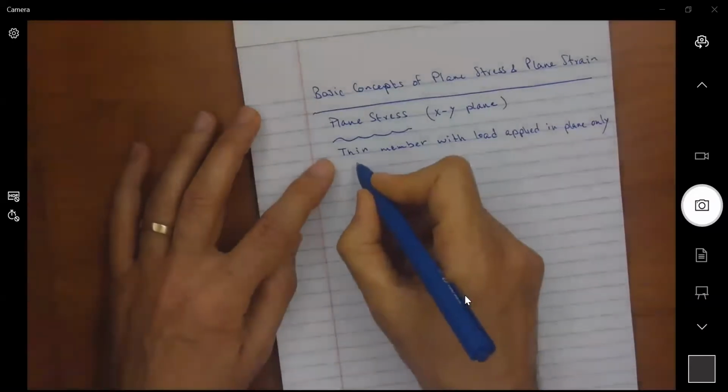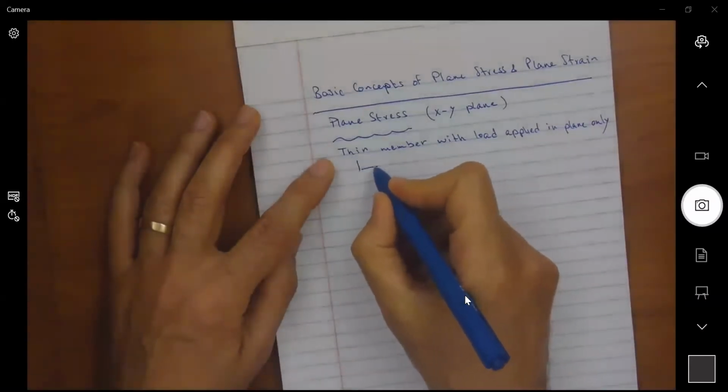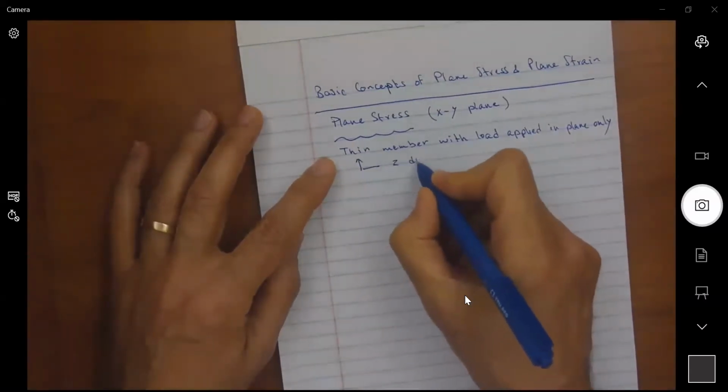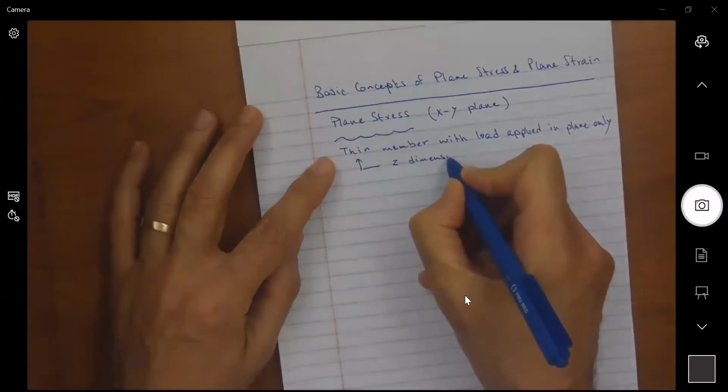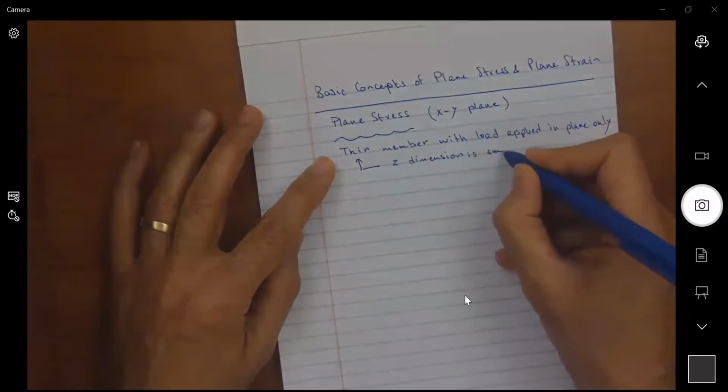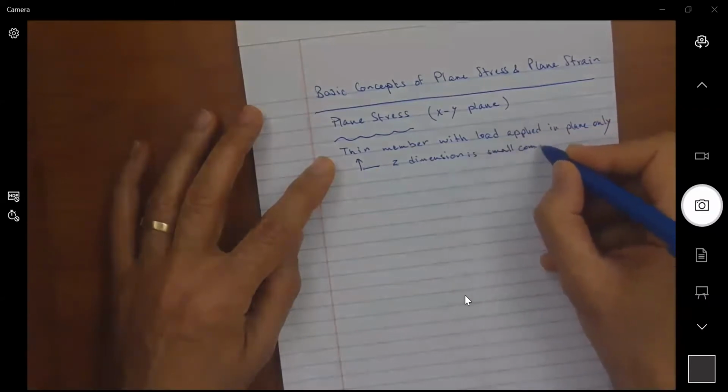And I want to mention here, when I say thin, I mean that the Z dimension is small compared to X and Y.